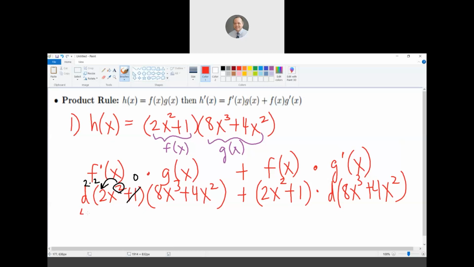So that would be 4. And don't forget to subtract 1 from the original exponent. So that would just be plain old x to the first power. Bring down g. Bring down f.